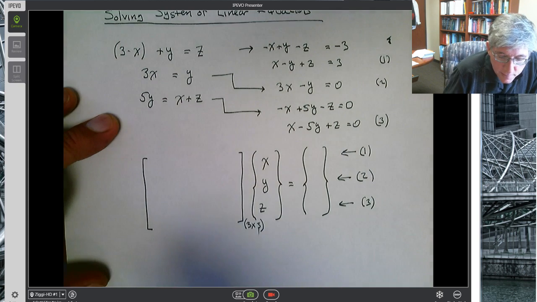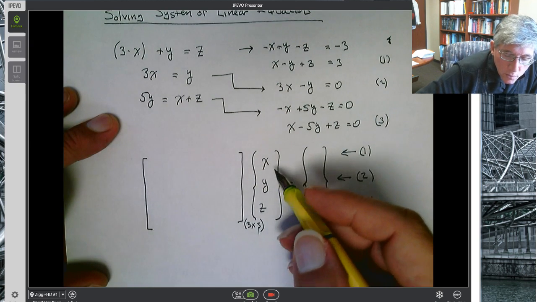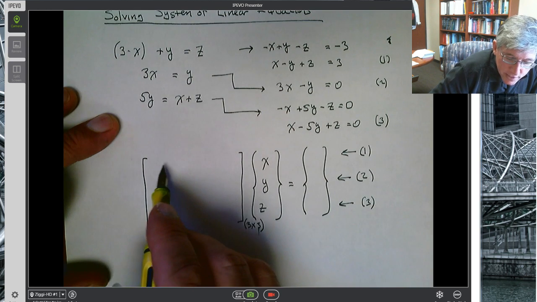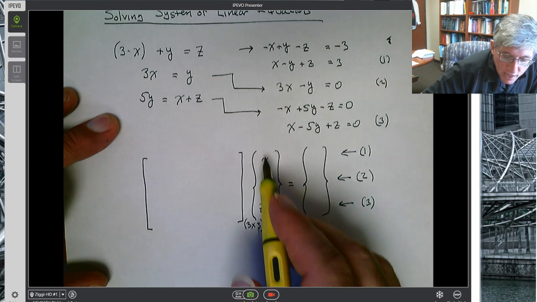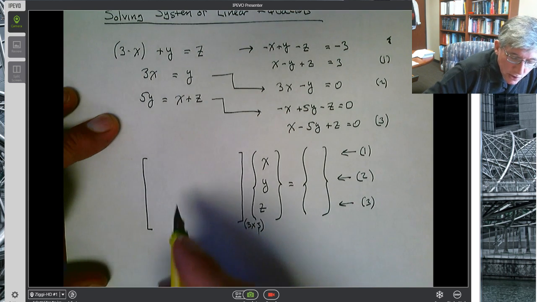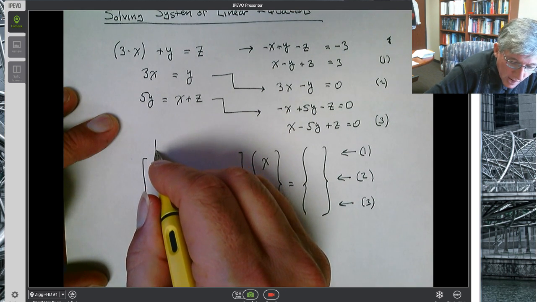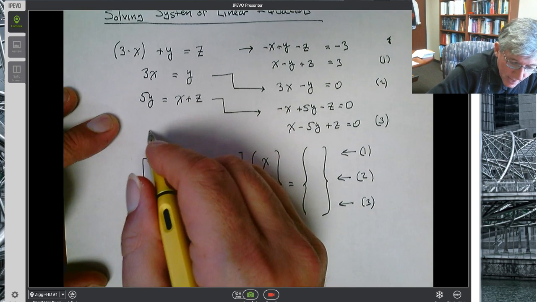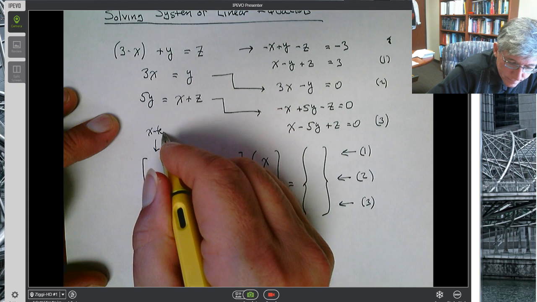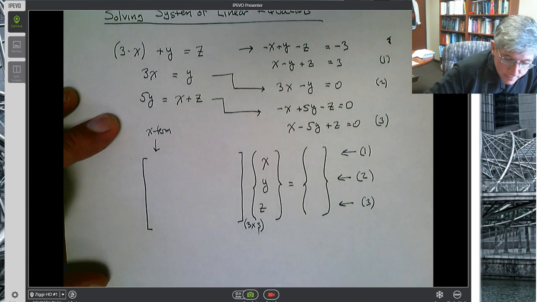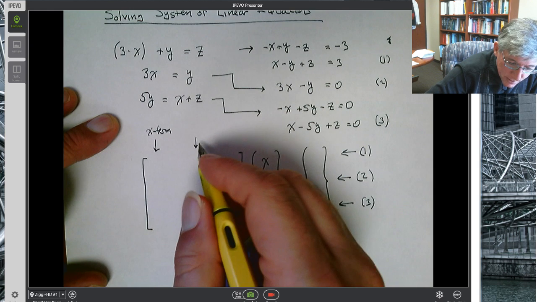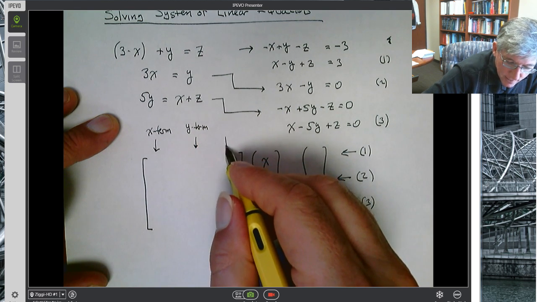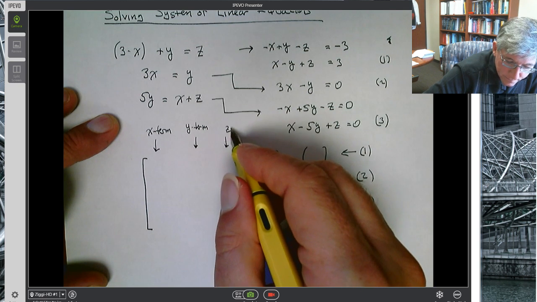Now, if you think about columns, well, when you multiply a matrix by a vector, basically you're taking the row of the matrix and you're dotting it with the vector. So this first column is going to be the coefficient of the x term. All right? The second column is going to be the coefficient for the y term, and the last column is going to be the coefficient for the z term.